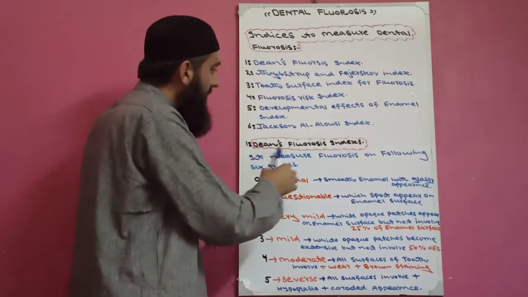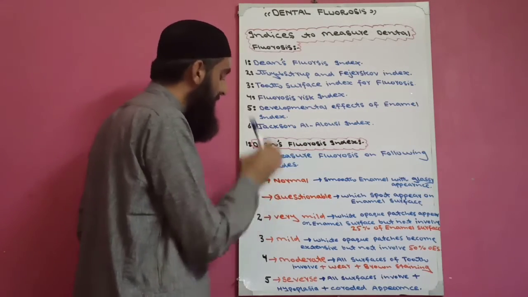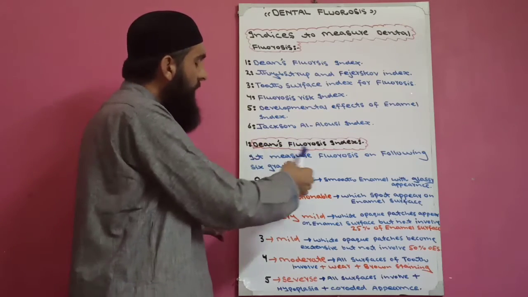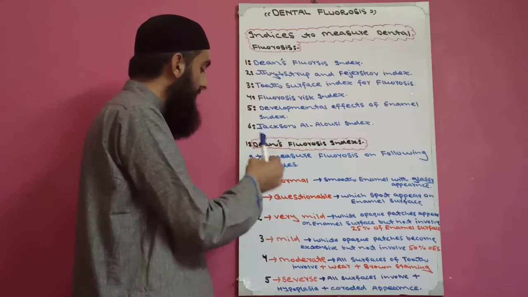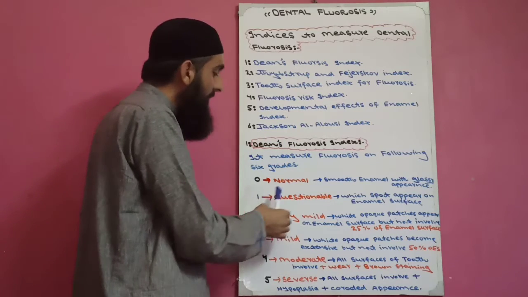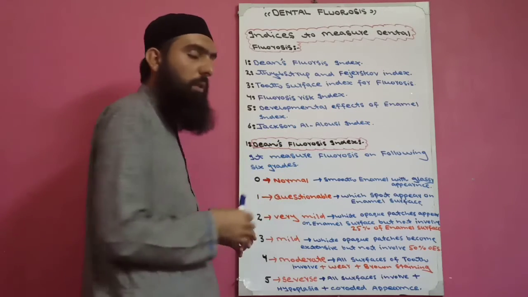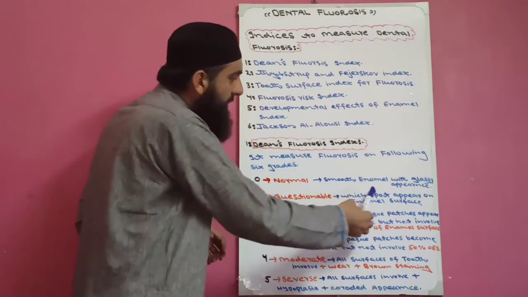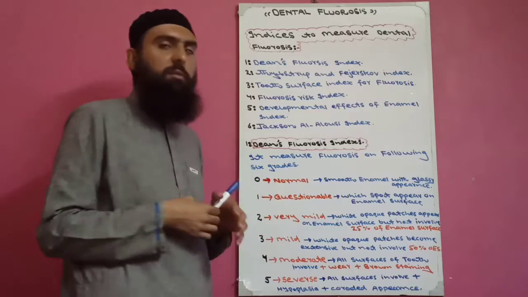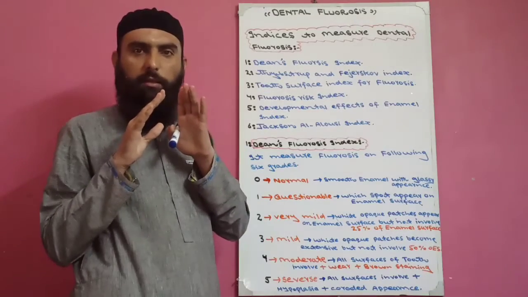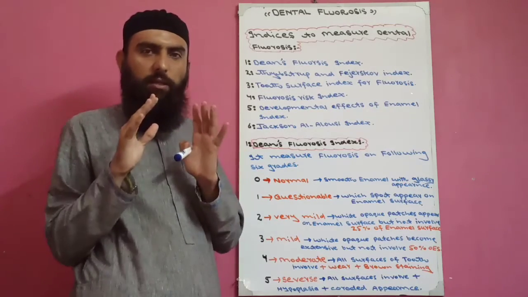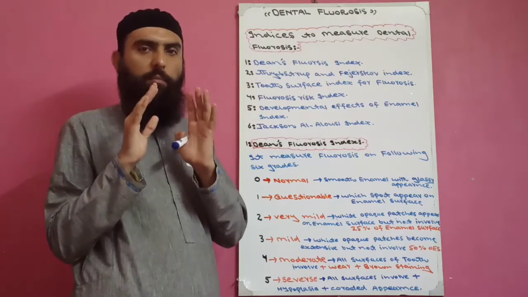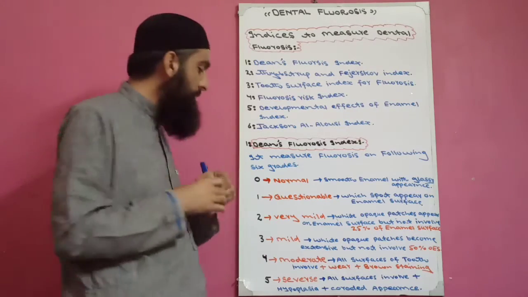If the Dean fluorosis index grade is 1, it means questionable. In grade 1, questionable, a white spot appears on the enamel surface.